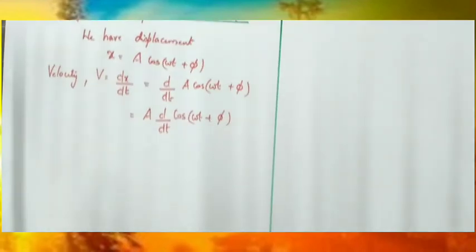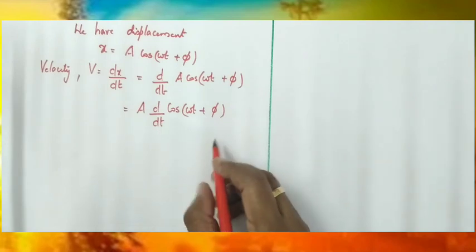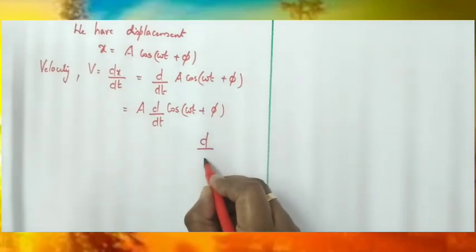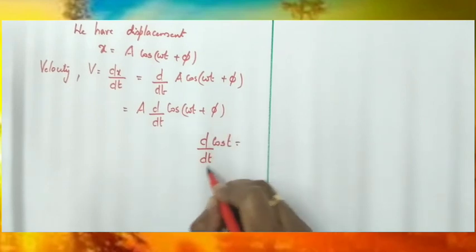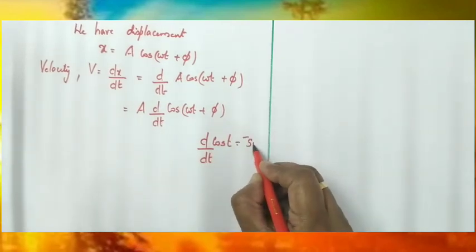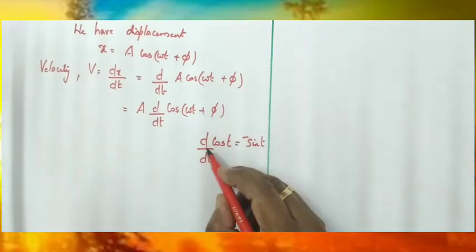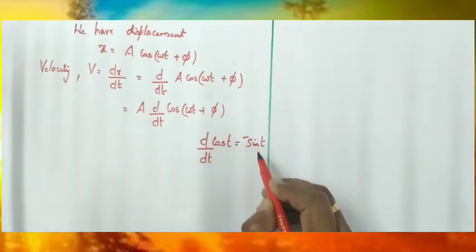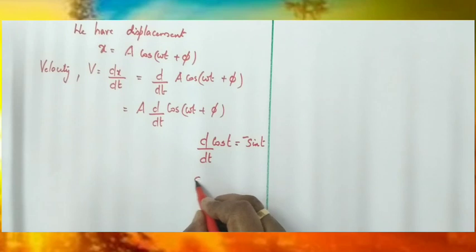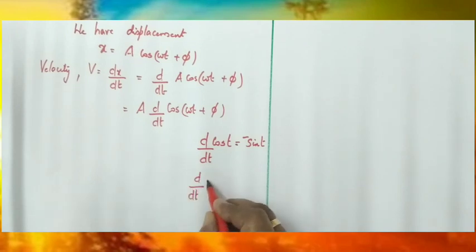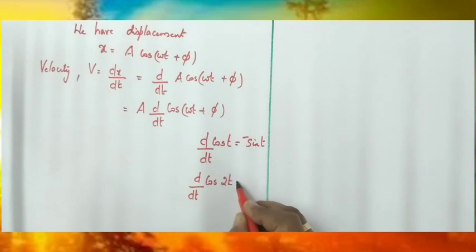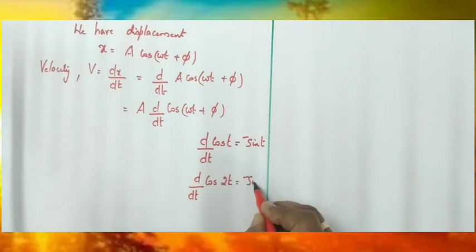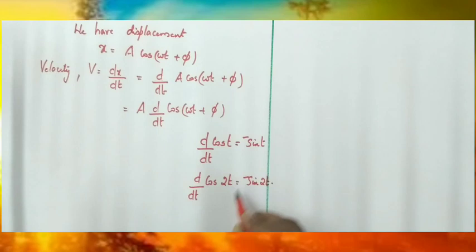Now d by dt of cos omega t plus phi, here there is a formula: d by dt of cos t is minus sin t. This is the formula. And one more formula, d by dt of cos, for example, a constant 2t, is equal to minus sin 2t into that constant.